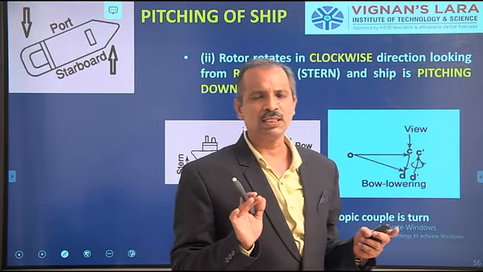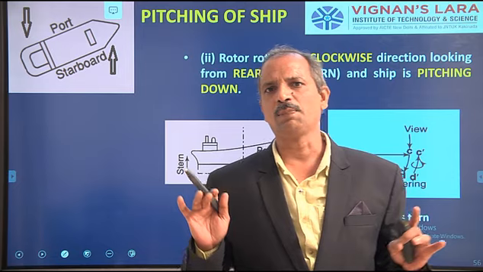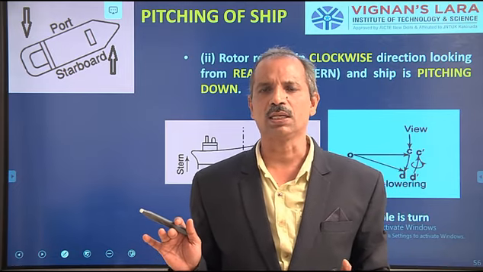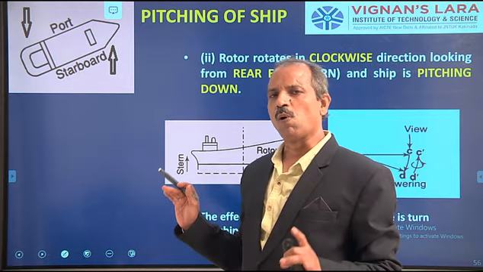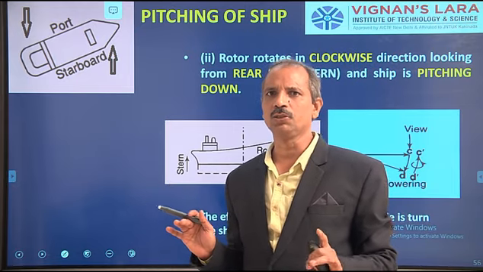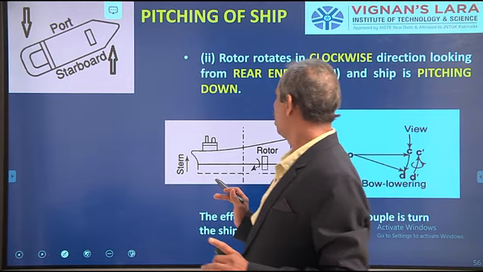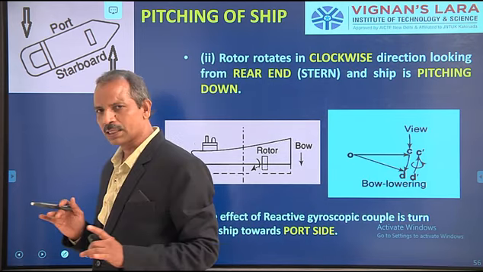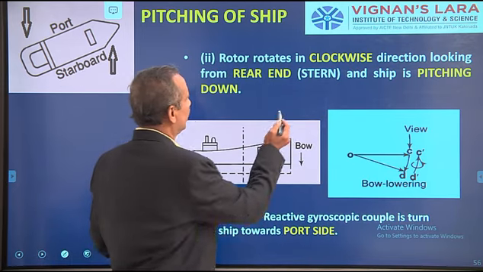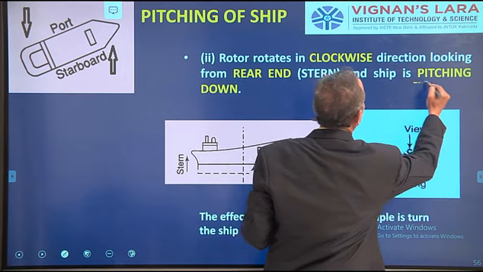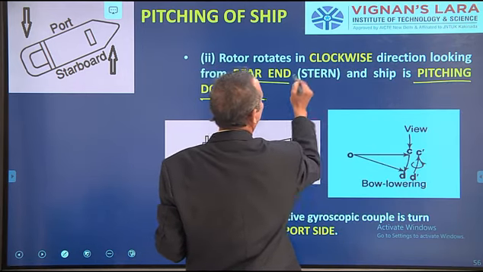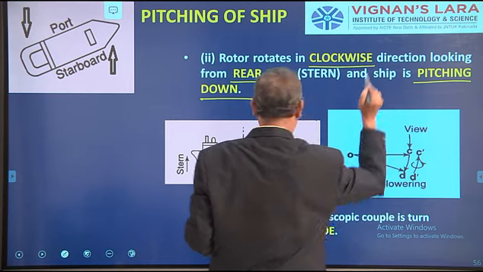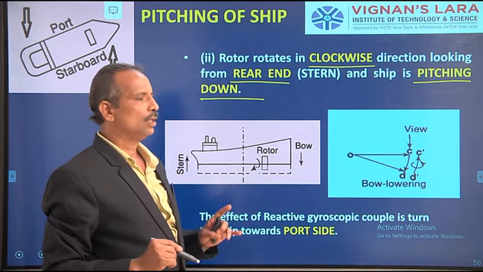This is once again similar to the pitching which we have discussed in the theoretical part. Only the thing is, what case it comes, that you should be careful. The problem is asked like the case is pitching down and looking from the rear end, it rotates clockwise.